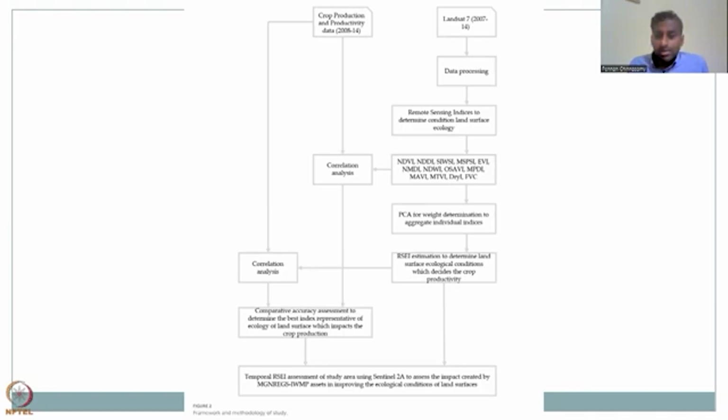Remote sensing indices were then extracted to support the ecological status assessments, and all the 15 indicators are there. All the 15 are driven by the Landsat data because there are multiple bands, and the bands are enough to take this data out.